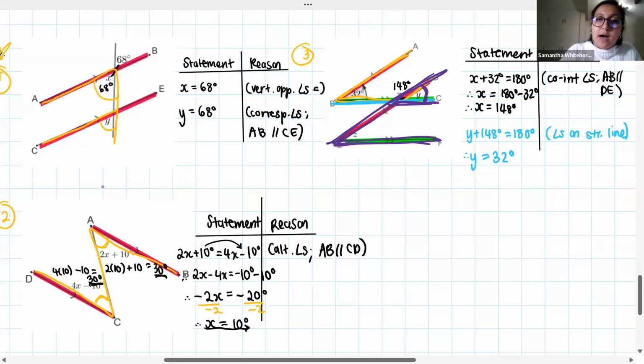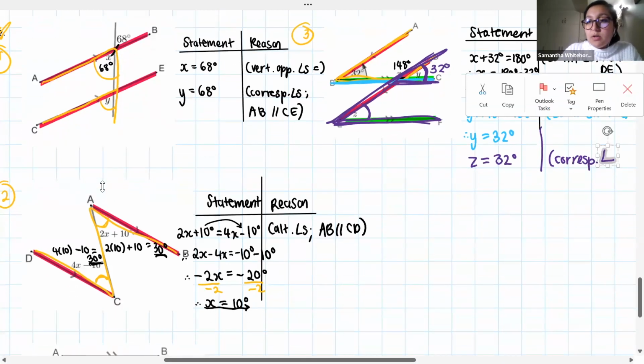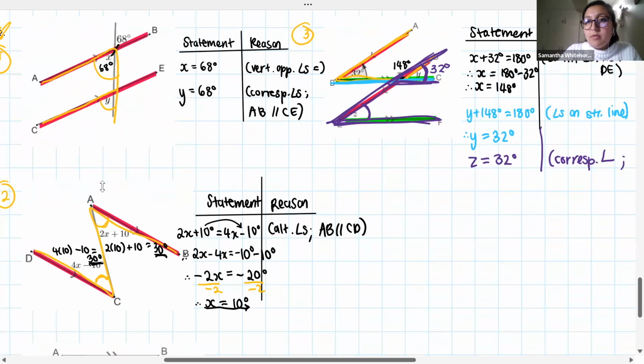And that means Y corresponds to Z. Because we know Y is 32, very easy, Z is equal to 32 degrees, my reason, corresponding angles. Now again, guys, lots of different reasons that you can use. All of them correct as long as you are correctly applying your geometry reasons.